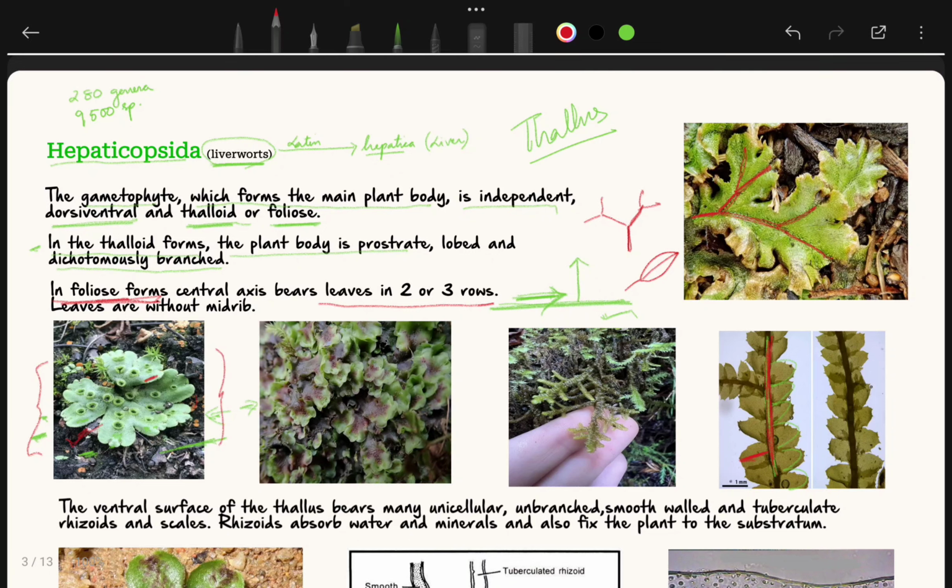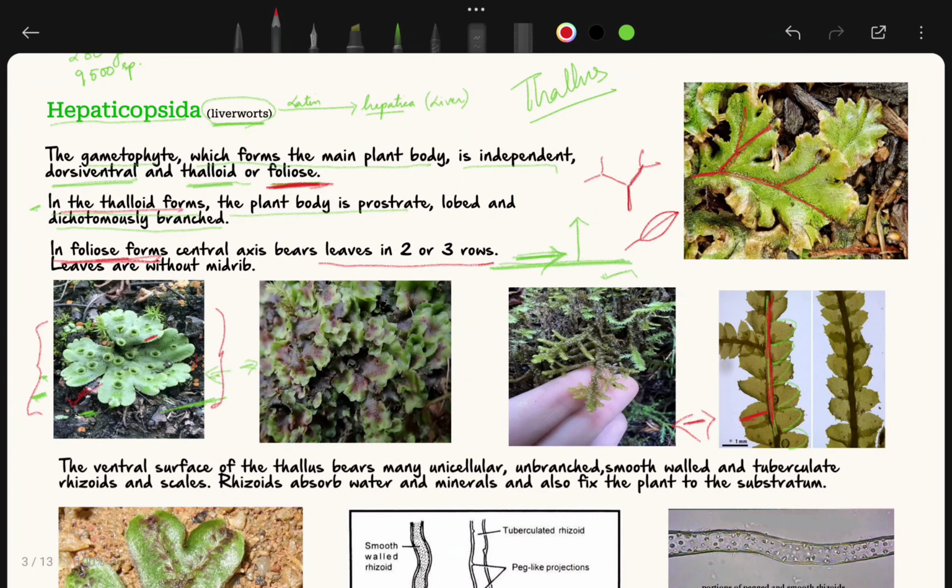Or if it is not thallus form, the plant body can also be in foliose form, like a tiny leafy structure. In the thalloid forms, the plant body is prostrate, it will grow flat on the surface, and it is dichotomously branched. So from one main axis, 2 equal halves will be produced.